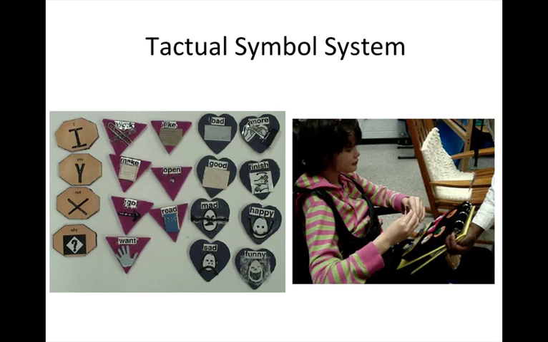Many of the students with significant disabilities that we're teaching have severe visual impairments that make it impossible for them to process the kind of graphic symbol that I've shown you thus far. So one of the things to consider is the use of tactual symbols.